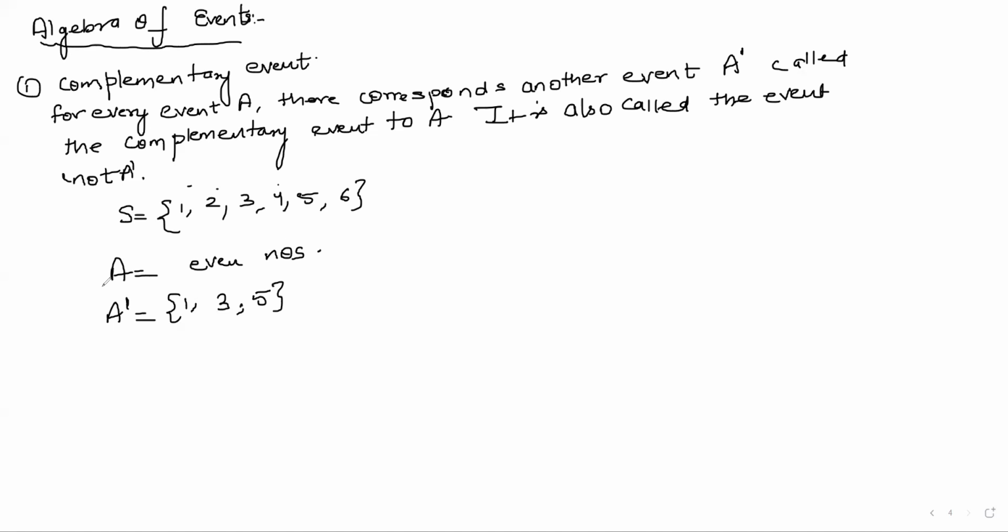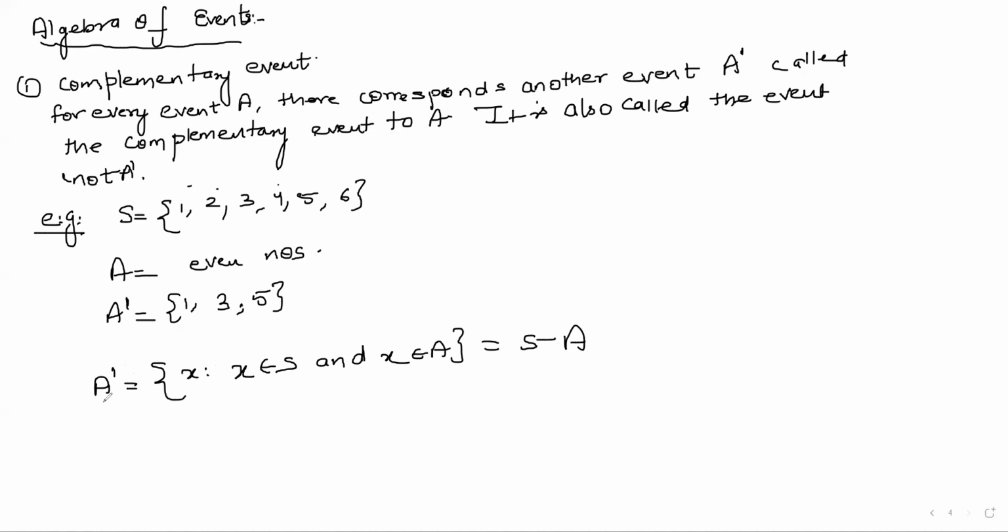And from this example, we can define a complement like this: A complement is equal to X, where X belongs to S and X does not belong to A. That means S minus A. So here we can define the complementary event in set builder form.